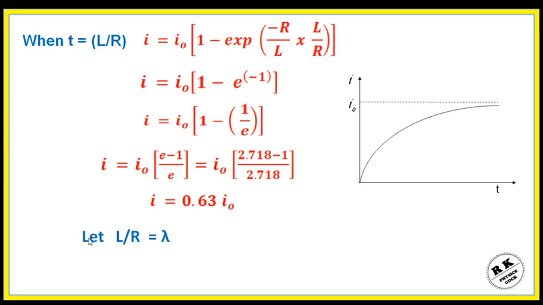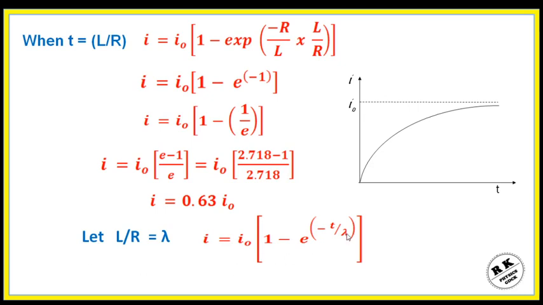If we express the instantaneous value of current in terms of this time constant, then it becomes I is equal to I naught times 1 minus exponential of minus t by lambda.